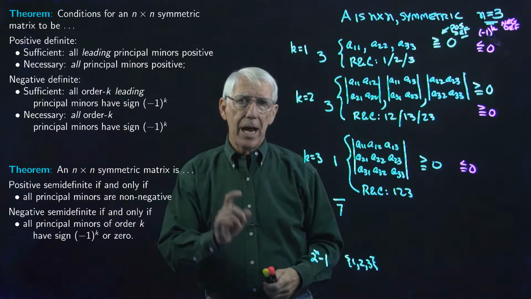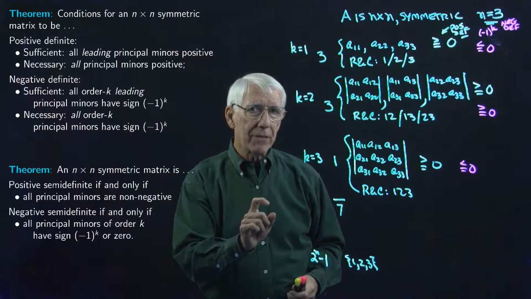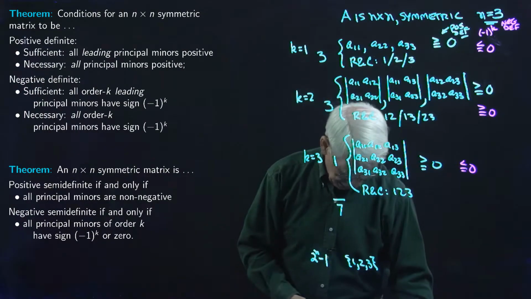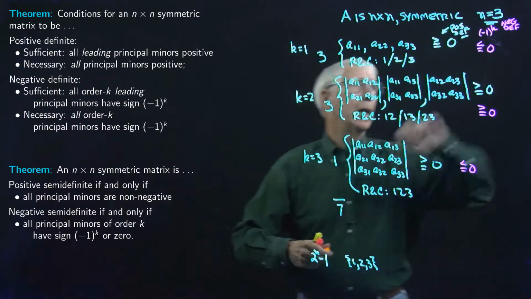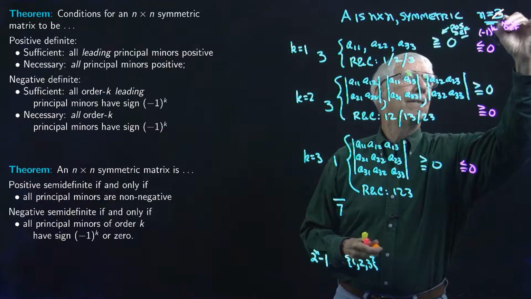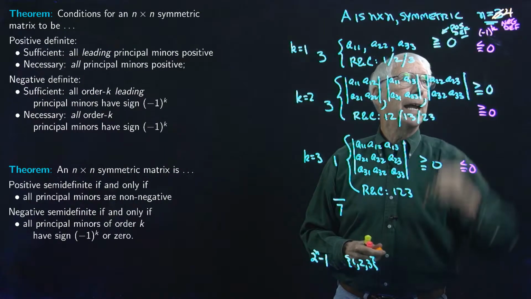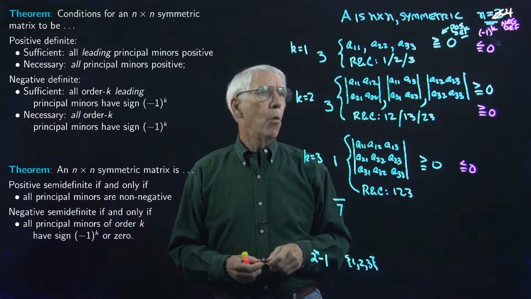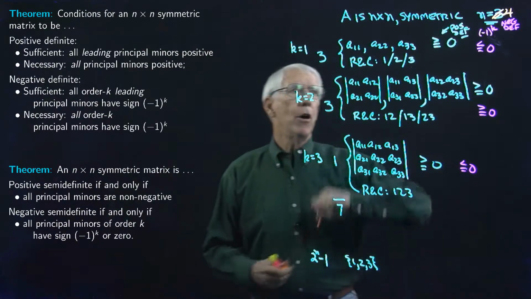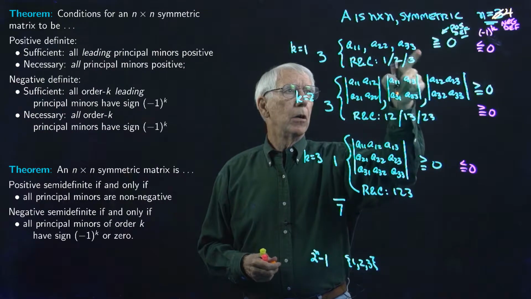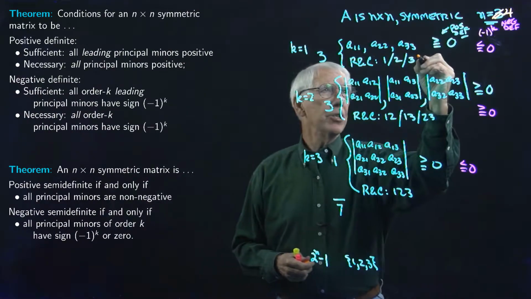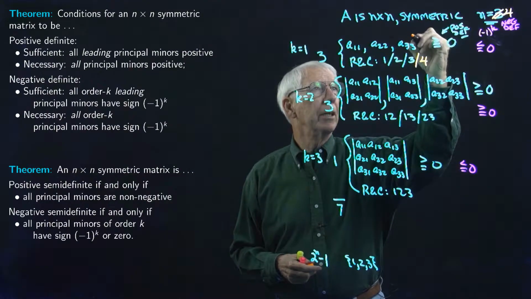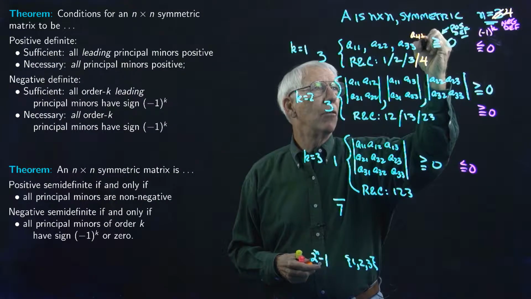So let's now quickly see what happens if we have n equals 4. Let me use a different color for that. I'm getting more colors. So let's say n equals 4. And so what happens then? Well, now we have 4 order 1 principal minors because we have a 4th term, A 4, 4.